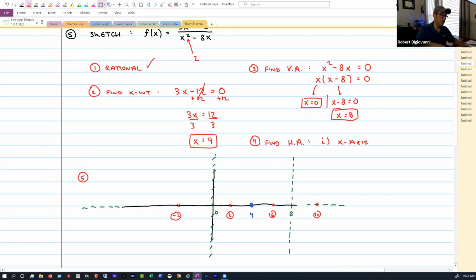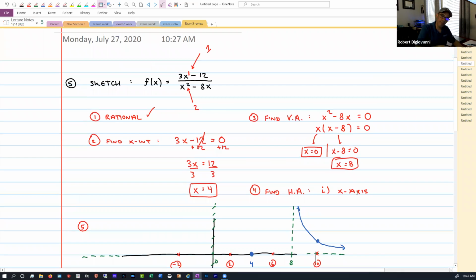If you plug those test points into the function and determine what's going on, and figure out that this graph is doing something like this, so if you could do all these test points and complete the graph, I will give you bonus points for that. All right? But in an effort to save us a little bit of time right now, I'm going to just skip to the next problem. We'll get through all those, and then maybe we can come back and revisit that part later.